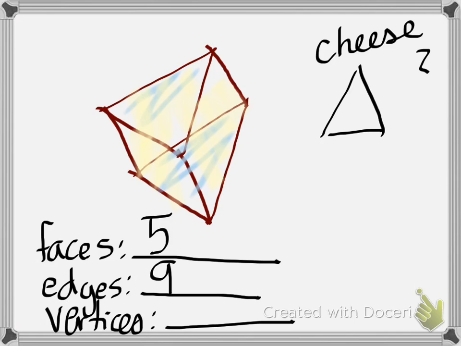Now let's circle all of the intersections of the line. So 1, 2, 3. Then I have 3 more at the bottom. 4, 5, 6. This is a triangular prism, and it has 5 faces, 9 edges, and 6 vertices.